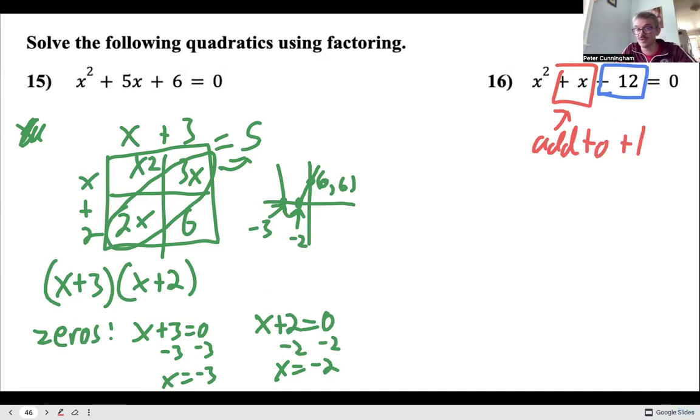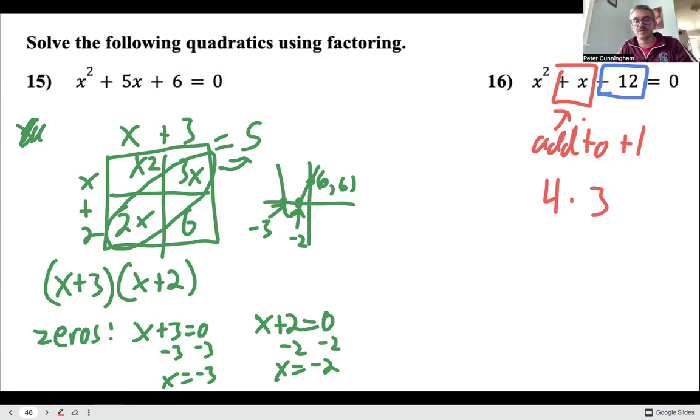So think to yourself, what multiplies to be 12 and is 1 apart from each other? 4 and 3, right? They're 1 apart from each other. When you add them right now, it would be 7, and it would multiply to be positive 12. I need to make this multiply to be negative 12, so I need to turn one of them into a negative. The question is which one?